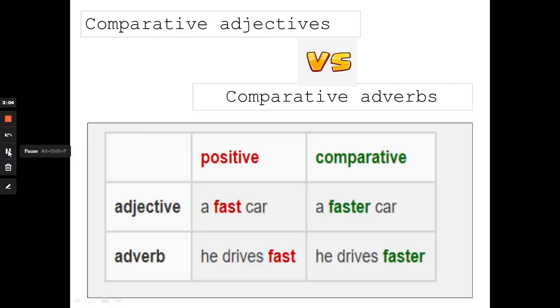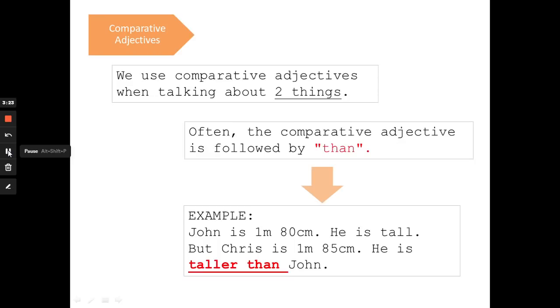If you have fast as an adverb, for example in the sentence he drives fast, then when you want to change it into a comparative adverb sentence, the sentence becomes he drives faster. Okay, so let's move on to the next slide.